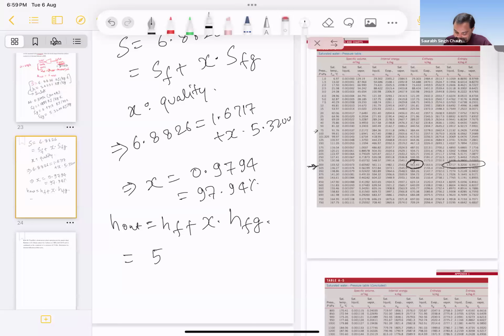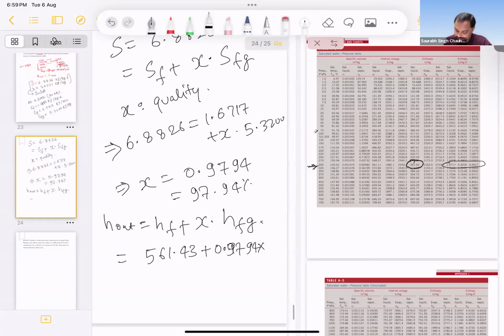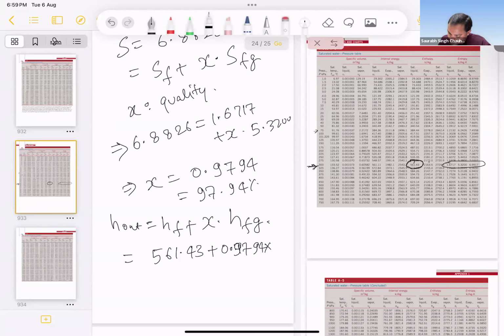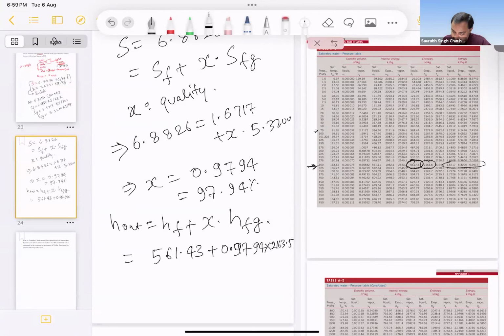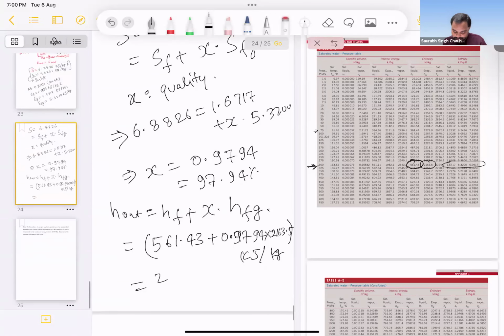So 561.43 plus 0.9794 into 2163.5 kilojoule per kg. You can calculate this value, and I have calculated this, and it is coming out to be around 2675 kilojoule per kg.